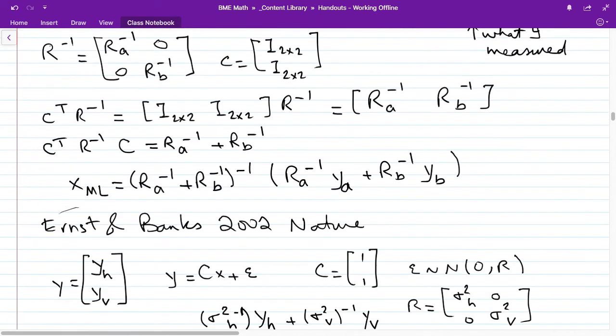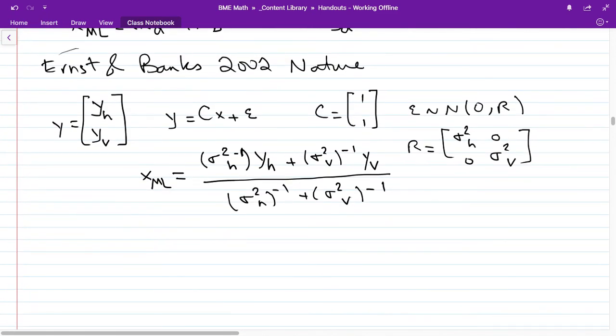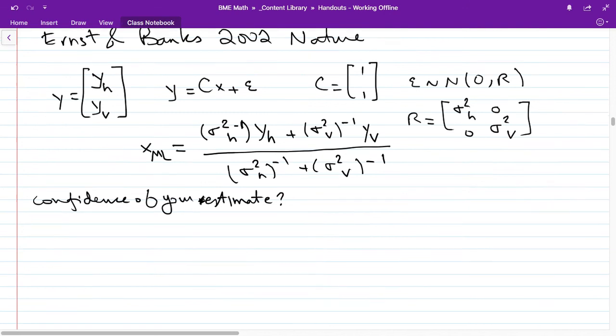When you make a maximum likelihood estimate, what is your confidence of your estimate? How confident are you about the mean that you're telling me, your maximum likelihood estimate?